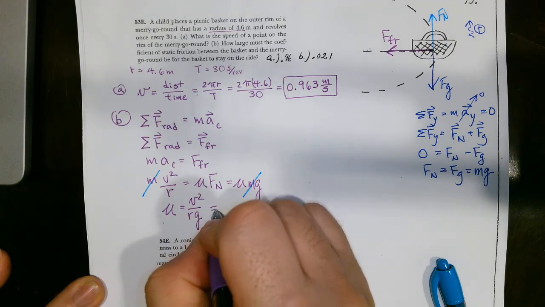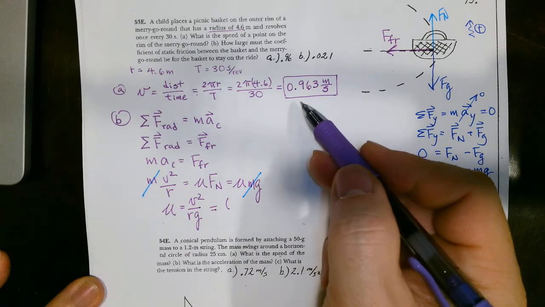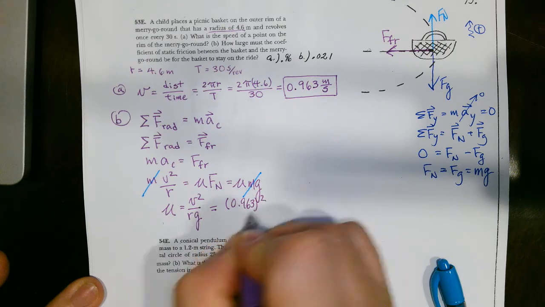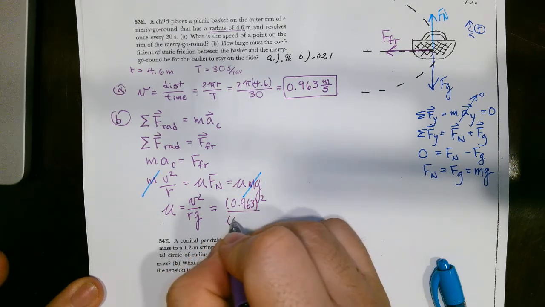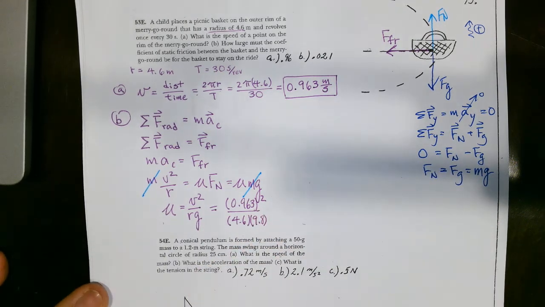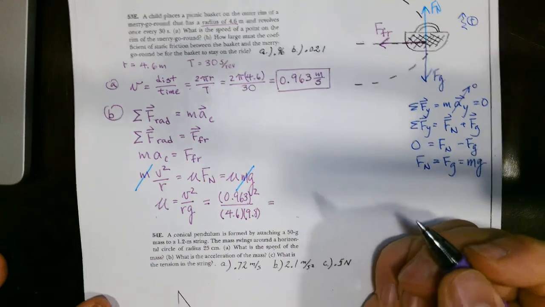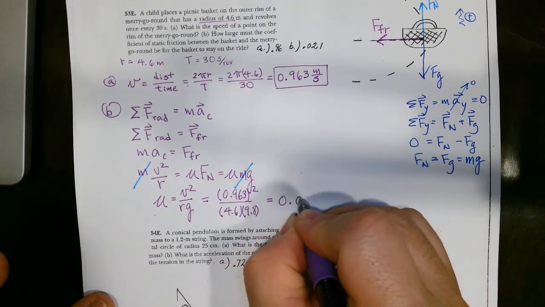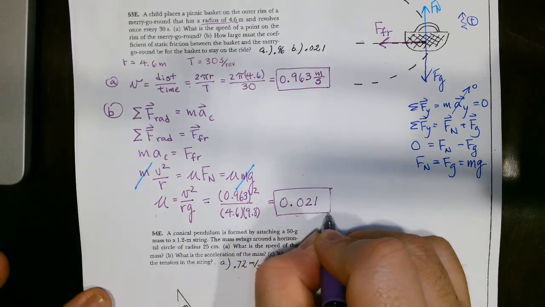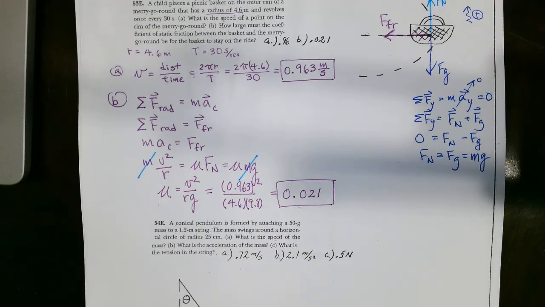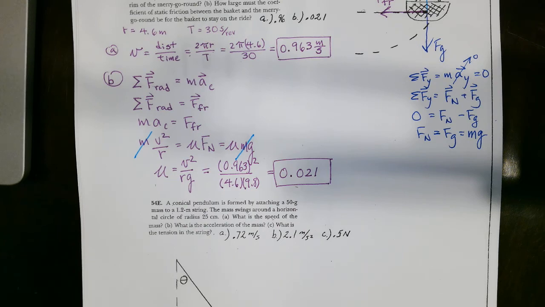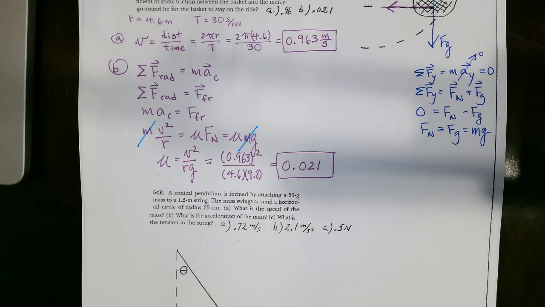And that is equal to, we know what v is, which is 0.963 squared over r, 4.6, times g of 9.8. And if you work this out properly, I guess you get 0.021, which is really small, actually. Okay. Alrighty then.